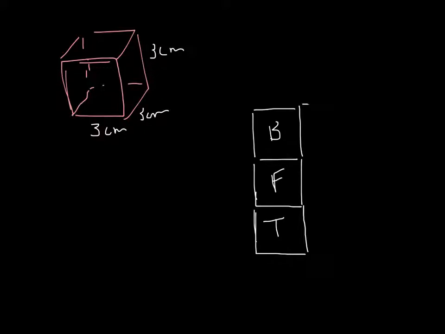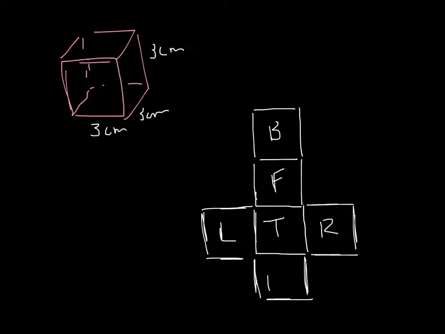Let's visualize this together. Fold the bottom, now my front and my top, so on the sides of my top is where the left and right sides would be. And then on the other side of that top would be the back.